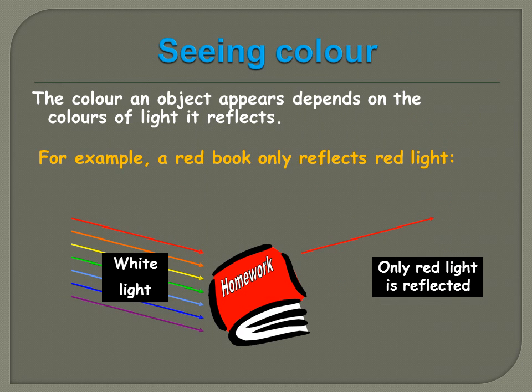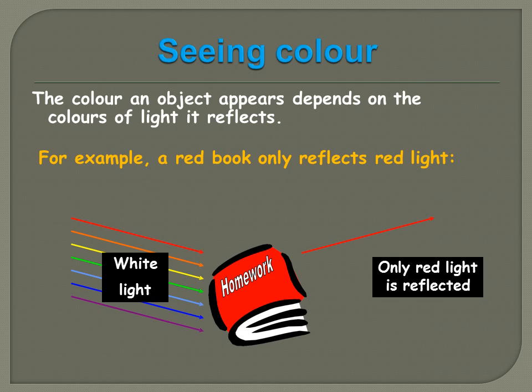Then seeing color. How can we see colors? The color an object appears depends on the color of light it reflects. As I talked about the water, it is colorless but it reflects the light of the sky.